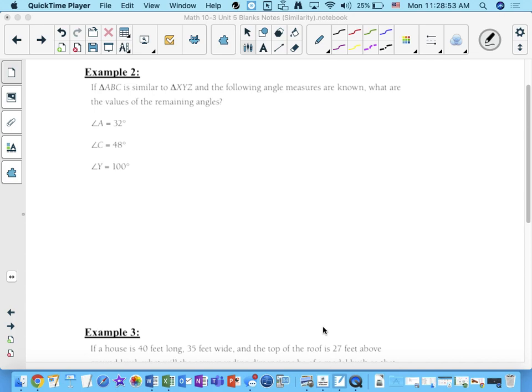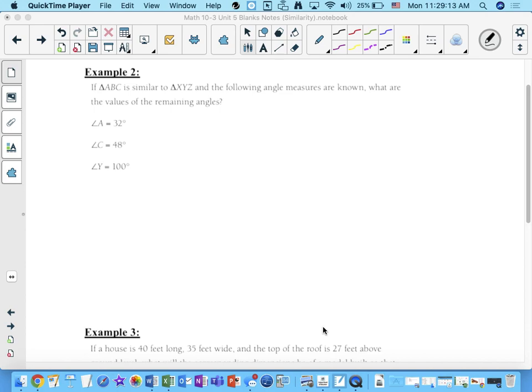Okay, so A is going to be the same as X. B is going to be the same as Y. And C is going to be the same as Z. So that's one thing that you need to know.